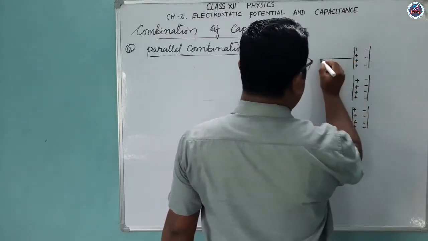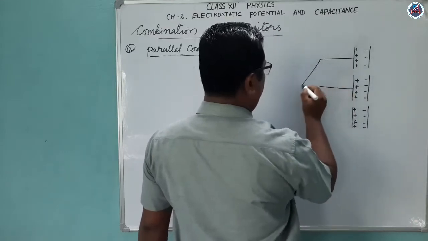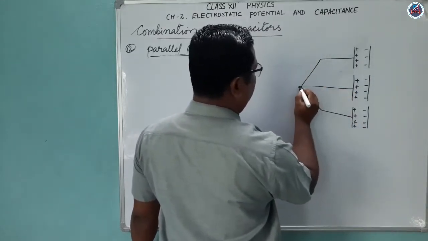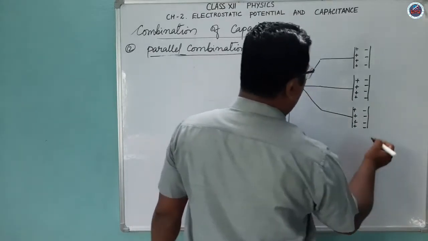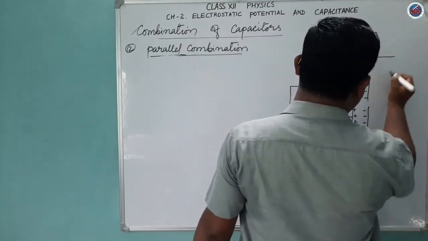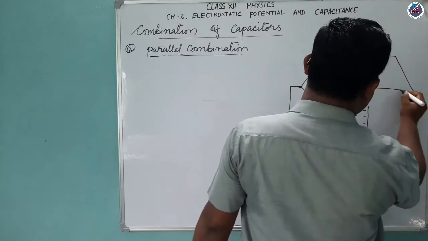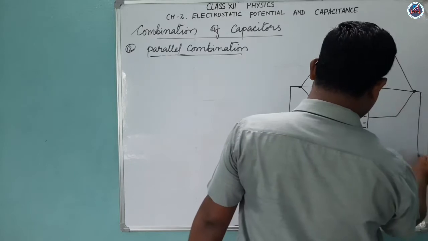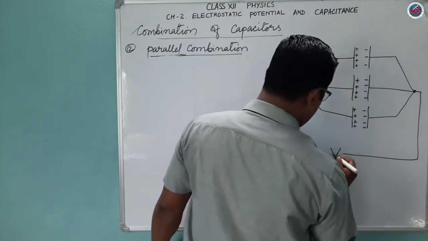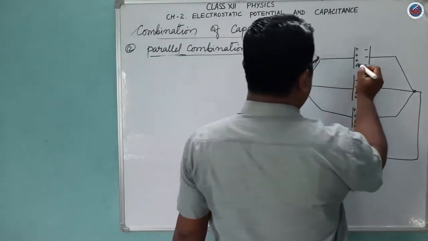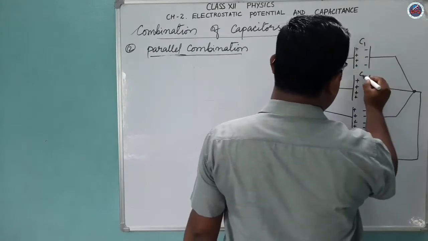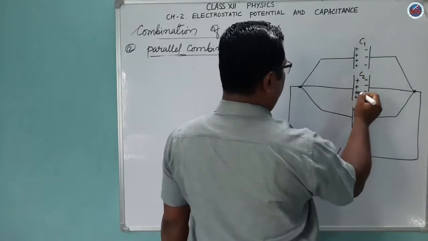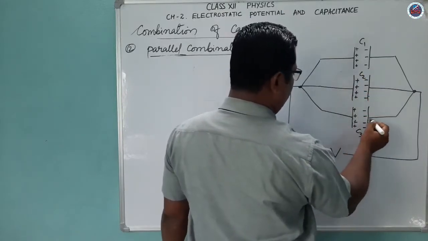All the positive ends will connect at one terminal and all the negative ends will connect at the other terminal, so that the potential remains the same. If V is the applied potential, this is your C1, this is C2 and this is C3. This is positive plate, negative plate, positive plate, negative plate, positive plate, negative plate.